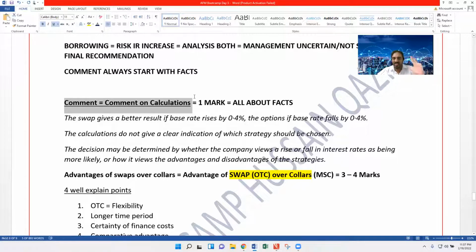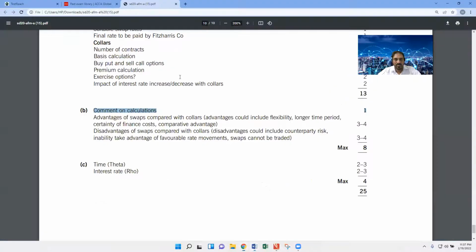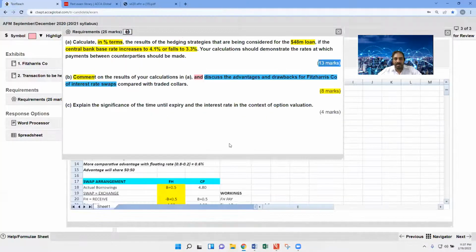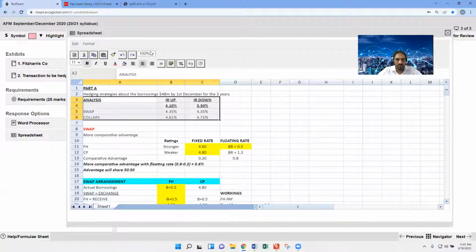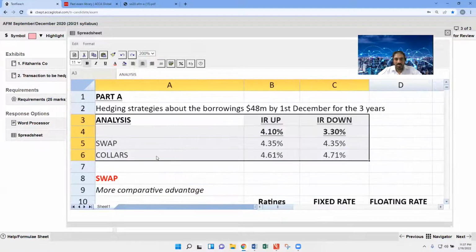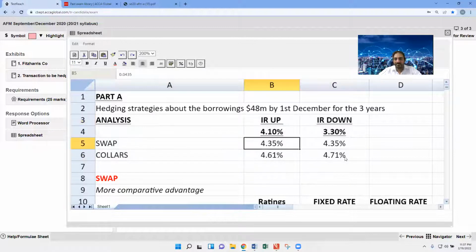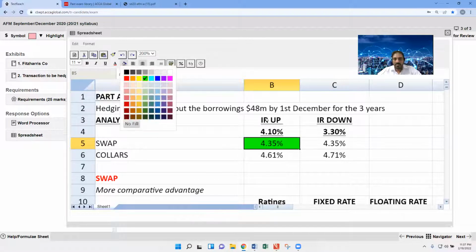Always the calculation, the facts. What are the facts here? If we identify the facts, these are very simple learnings. This is the complete analysis. In case of interest rate up, the swap is the beneficial point.